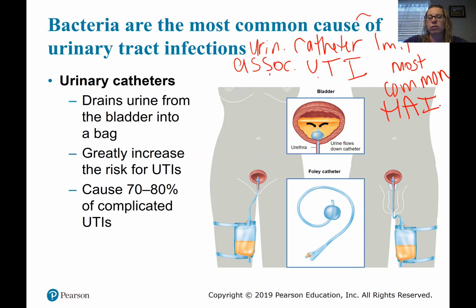A tube is inserted into the urethra and through the urethra into the bladder, and then a little balloon is inflated to hold the catheter in place. So please don't ever pull one out. Ouch. The catheter then drains the urine into a bag if the patient is having surgery and is unconscious, or just needs urine collection.